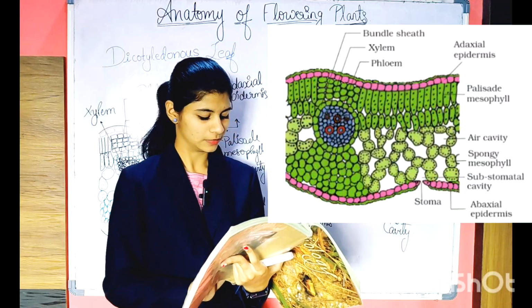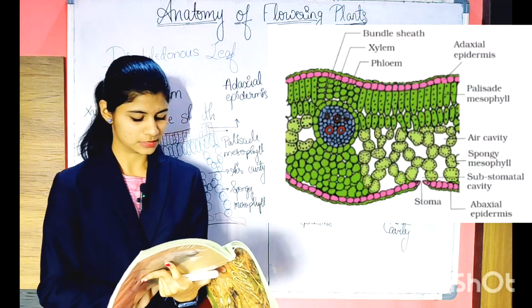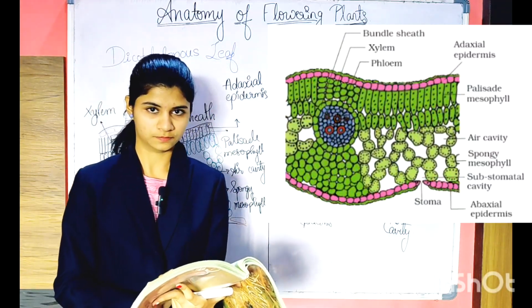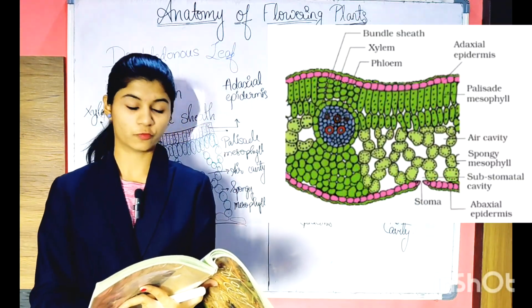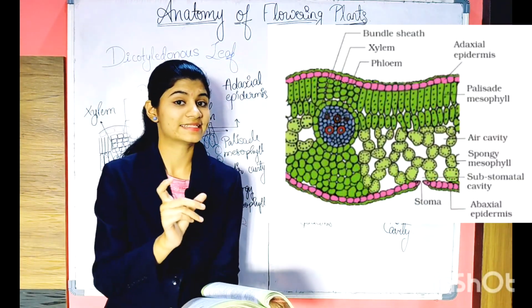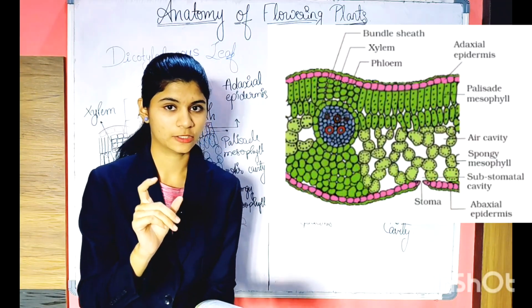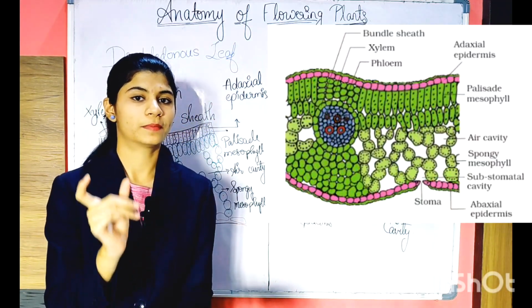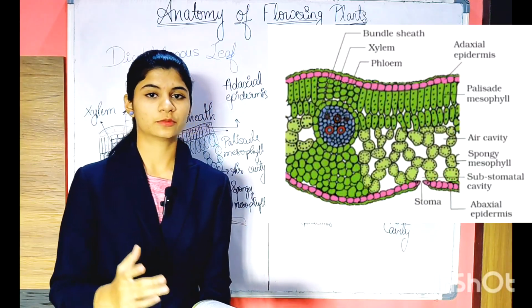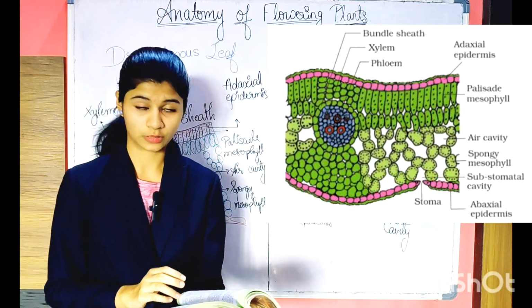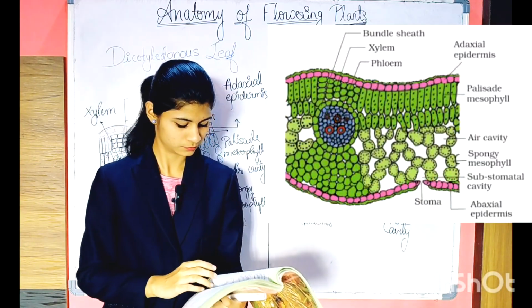The tissue between the upper and the lower epidermis is called mesophyll. In the last video I also explained what mesophyll is. The exact statement in your NCERT, you have to practice it. It may also come in MCQ-like questions or even in 2 marks questions.